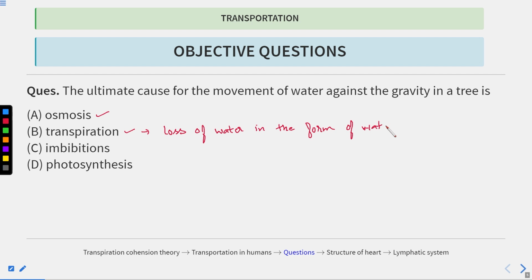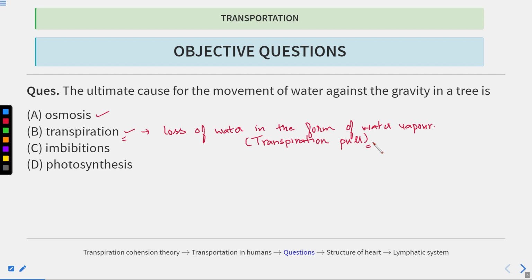Okay, this is known as transpiration. Now, because of this transpiration, a transpirational pull is generated, which helps in the ascent of the sap.